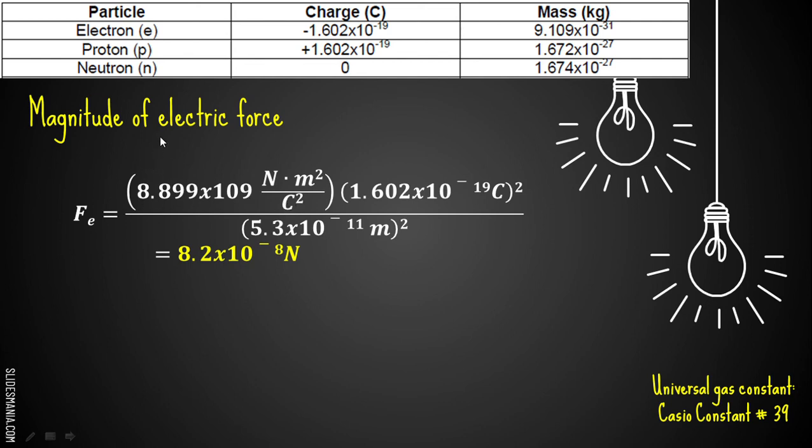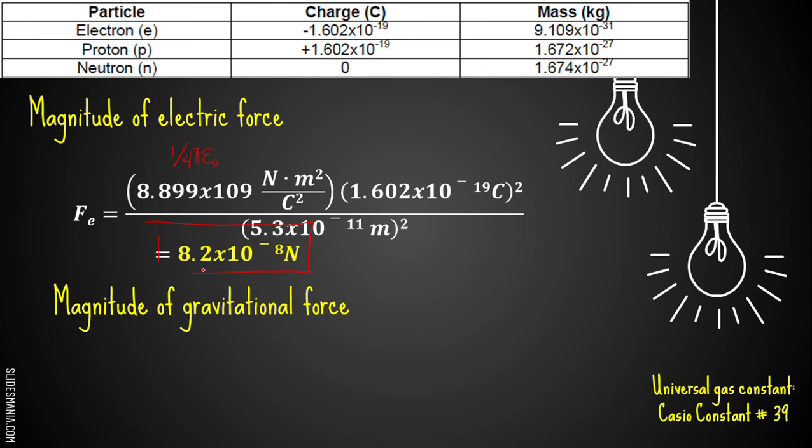So, this is also 1 over 4 pi constant number 32 times 1.602, so constant number 23 squared over the distance na given. So, makukuha natin itong value na ito. 8.2 times 10 raised to negative 8 Newton. So, ayan na yung answer natin.